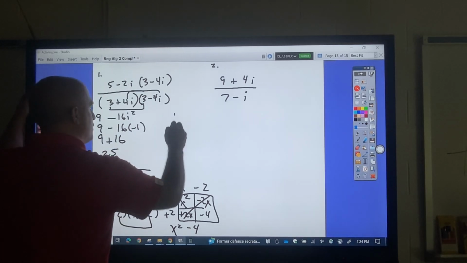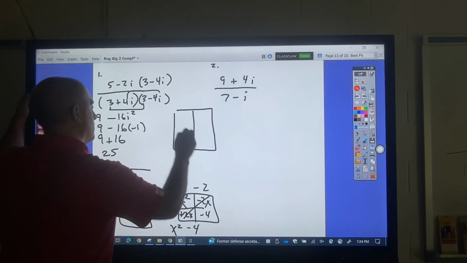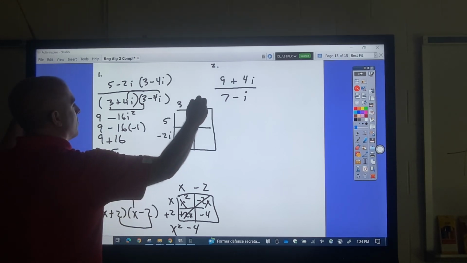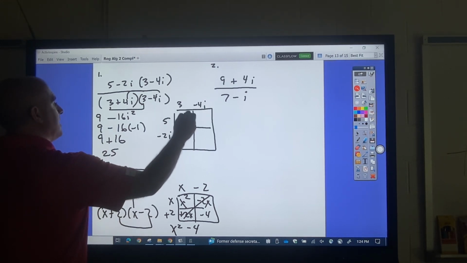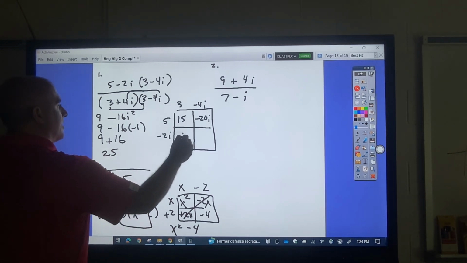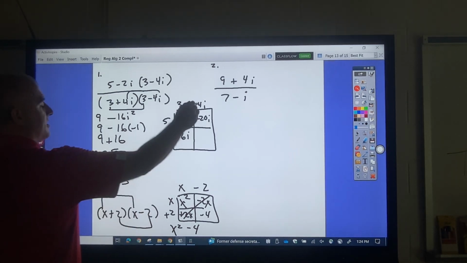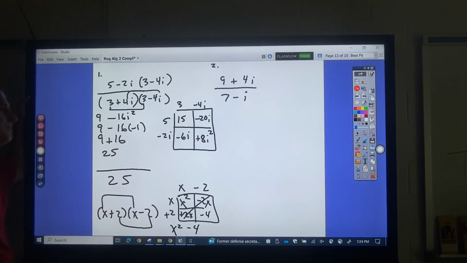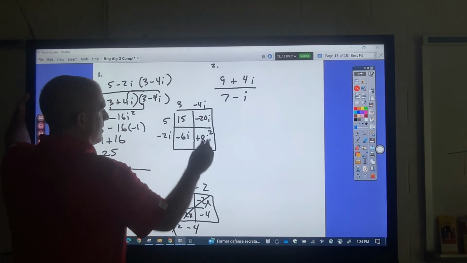This top part, I'm going to do multiplication. I got 5 minus 2i, 3 minus 4i. That's going to be 15. That's going to be negative 20i. This times this is negative 6i. This times this is positive 8i squared. Okay? Now, what does that mean?